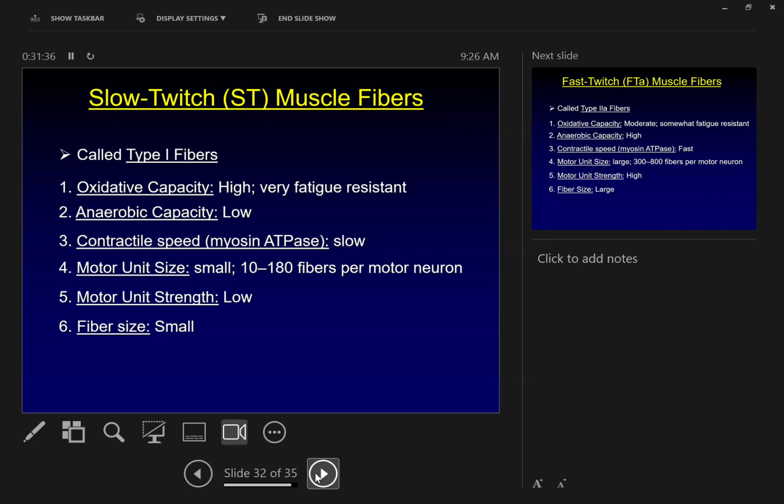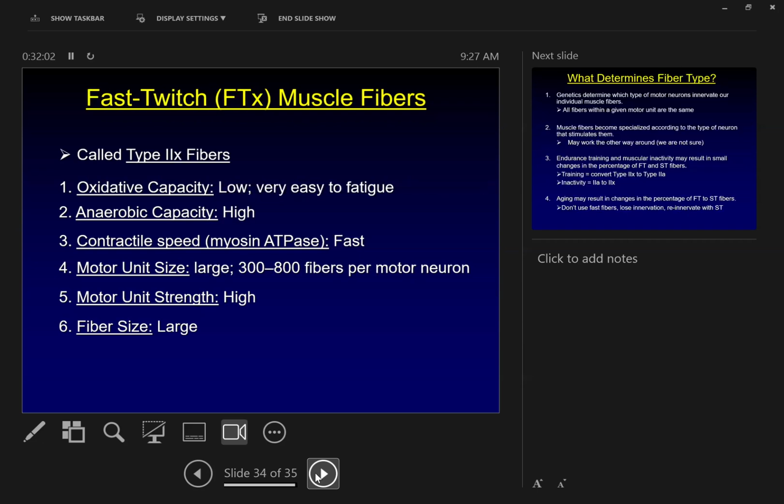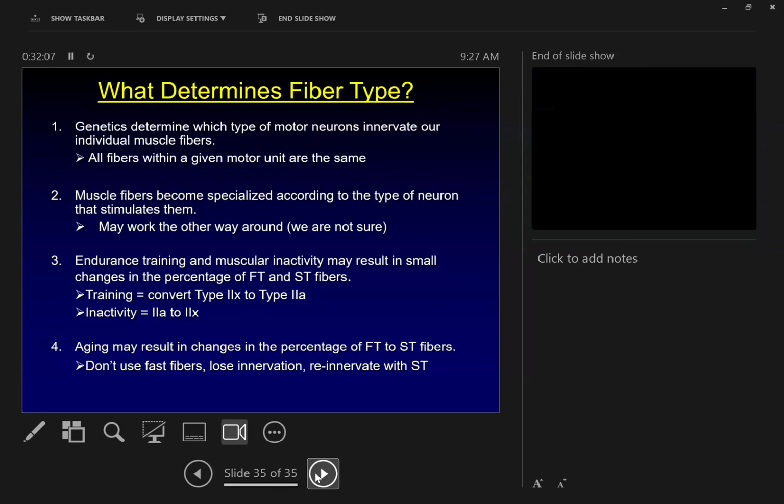Type 1 muscle fibers are connected to type 1 motor neurons, and type 1 motor neurons connect to a relatively small number of fibers. So we have small motor units that have type 1 fibers. This will become more interesting and more important later on today. But the next couple of slides, it's the same thing for 2A, the same thing for 2X, and those things are pretty well straightforward.